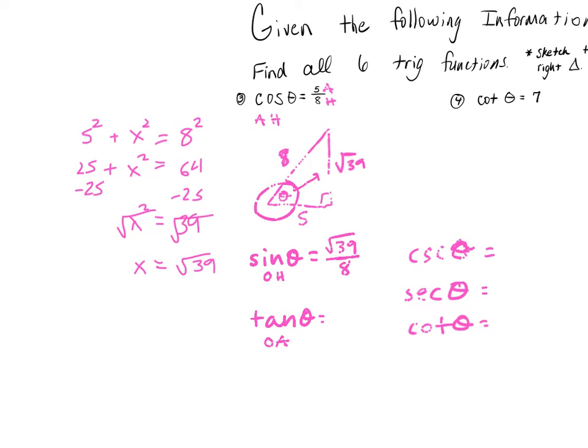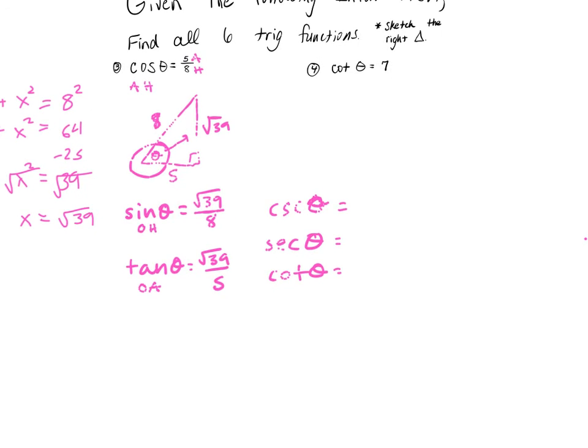So cosecant would be hypotenuse over opposite, because it's the flip of the sine. So what would it be? 8 over square root 39.